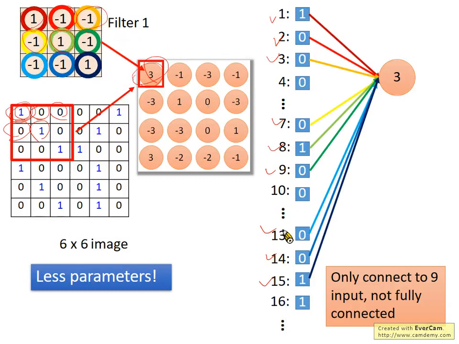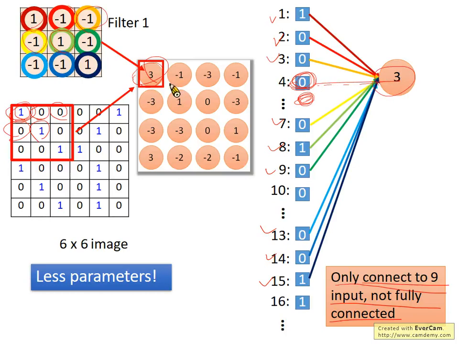So in this convolution process, we only connect to 9 inputs, not fully connected. This is totally different from the fully connected network, where for each pixel we have a weight, a parameter, an edge connecting the input and the node.